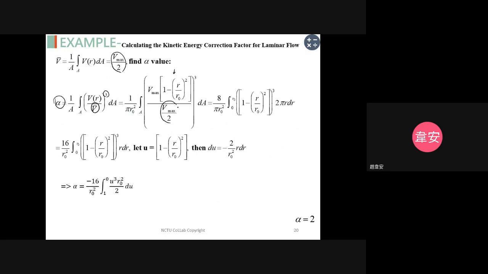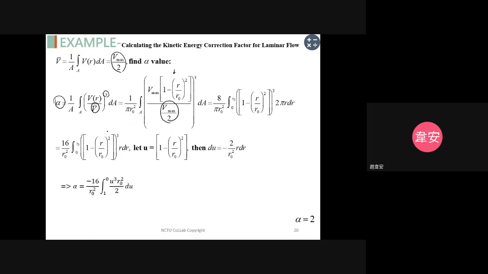So we replace the mean velocity by these numbers, summarize and reorganize the equations. Finally, we have equation 10, like the equation showing here.